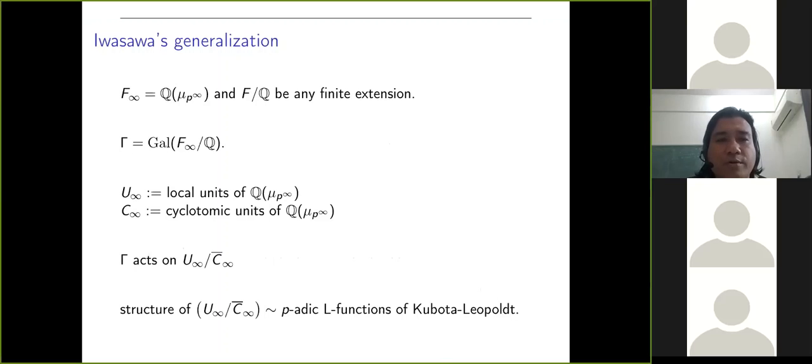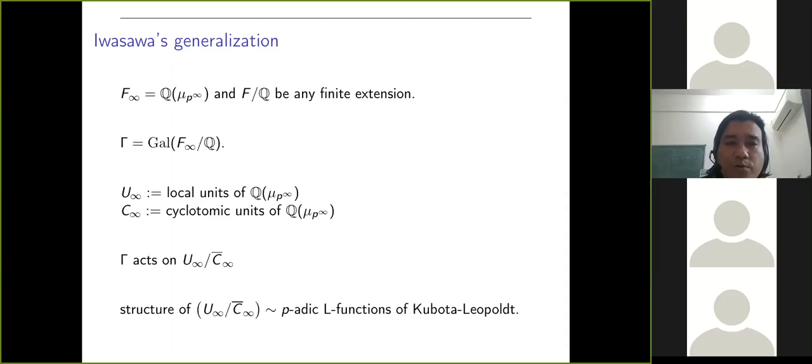What he saw was that instead of just looking at this finite extension Q(mu_p) over Q, one can instead look at this infinite tower of field extensions, Q(mu_p infinity). Q(mu_p infinity) is obtained by adjoining all the p-power roots of unity to Q. I can take F to be any finite extension, whatever I want, which lies between F infinity and Q.